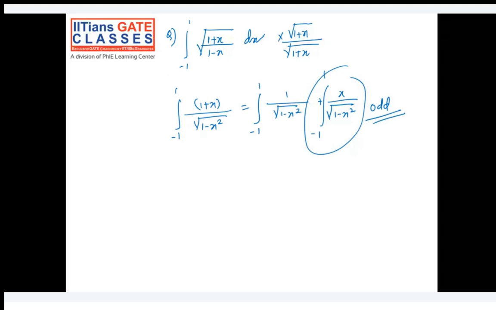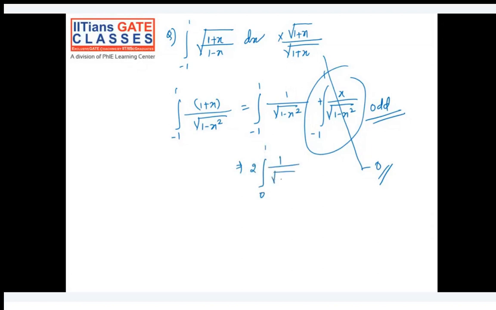But the first part you have to solve. And what is this? You have to use the formula. 2 times you can write it as 0 to 1, 1 upon under root of 1 minus x square dx, by using the formula of even, because this is an even function.